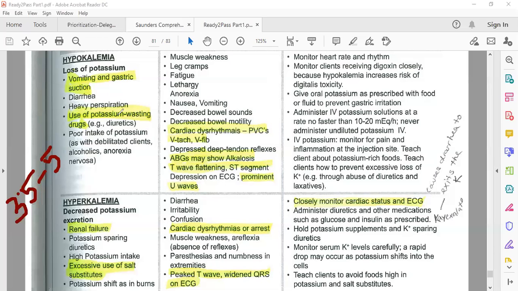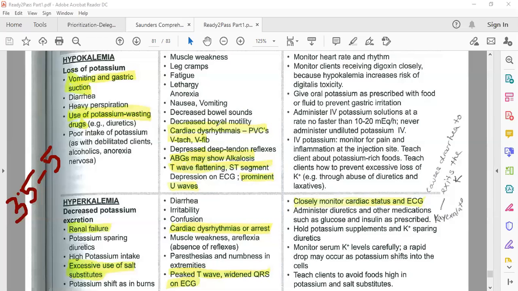Metabolic alkalosis causes hypokalemia, because when vomiting develops the metabolic alkalosis, both lead to hypokalemia, and hypokalemia leads to dysarrhythmia, and dysarrhythmia leads to heart failure and the patient dies, right? Or if anybody has poor intake of potassium containing food, or is alcoholic, or has anorexia nervosa.